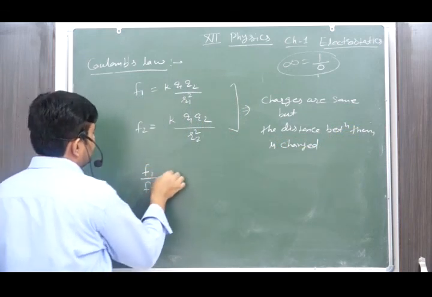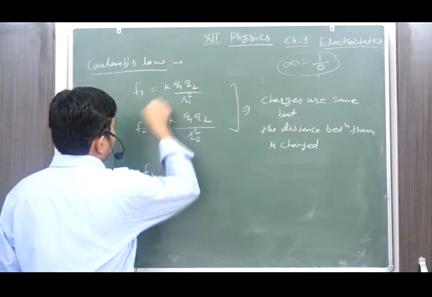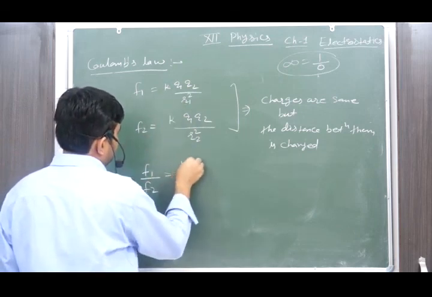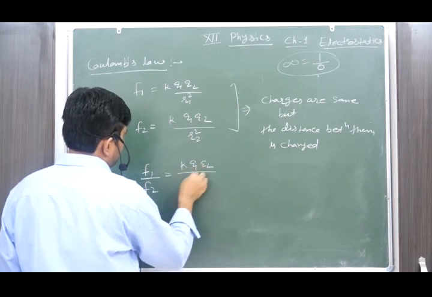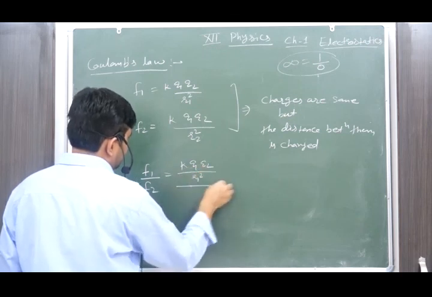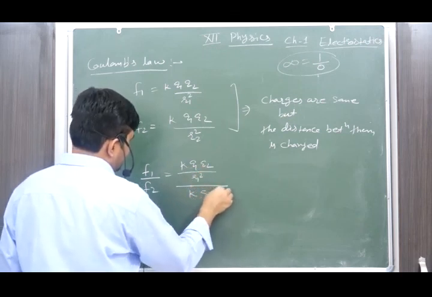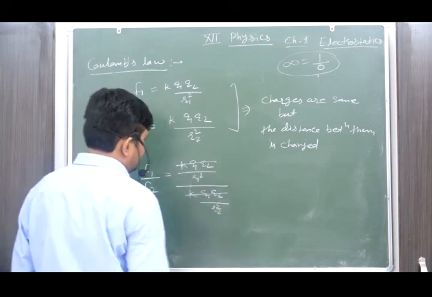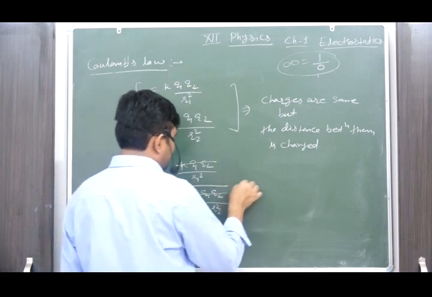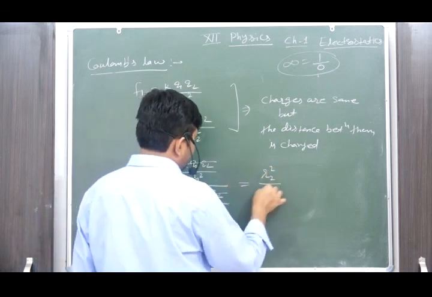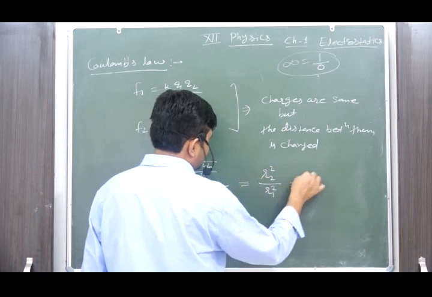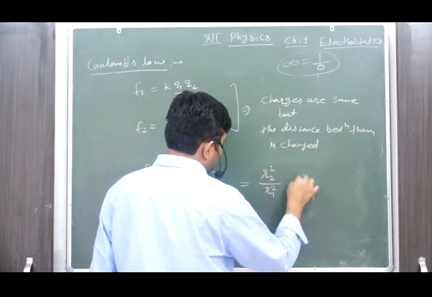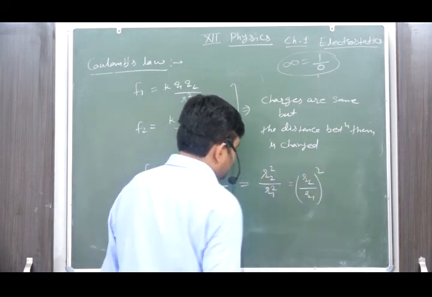F1 upon F2 is K Q1 Q2 upon R1 square divided by K Q1 Q2 upon R2 square. Considering this, we get R2 square upon R1 square, which is in terms of R2 upon R1 whole square.